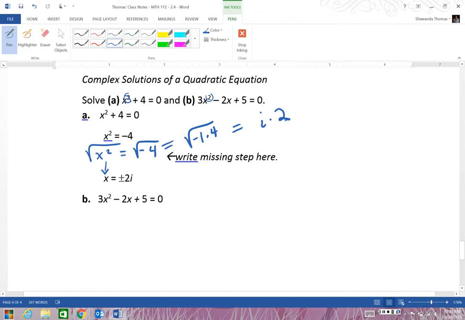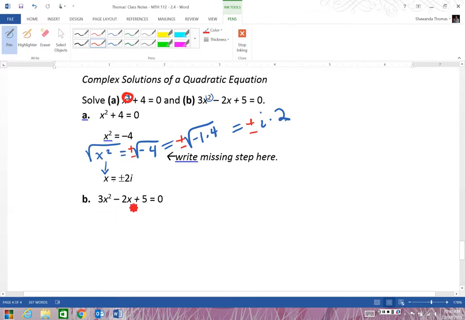Anytime you're doing this, you're really supposed to put that plus minus symbol there, so that you'll know there are two answers because our degree is 2. So that's why the complex solutions are positive 2i and negative 2i.